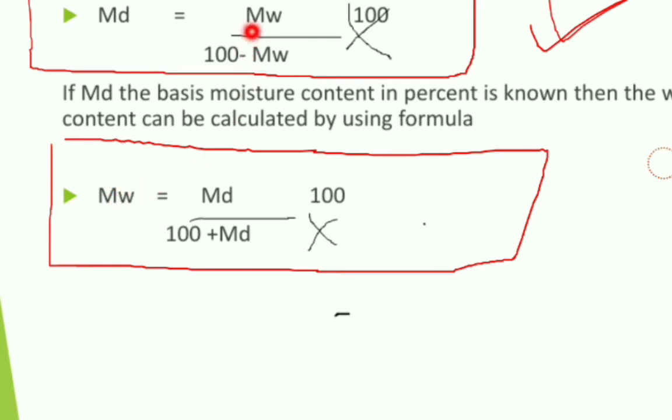And if we know wet basis moisture content, we can calculate dry basis moisture content by using the formula MW divided by 100 minus MW, multiplied by 100.